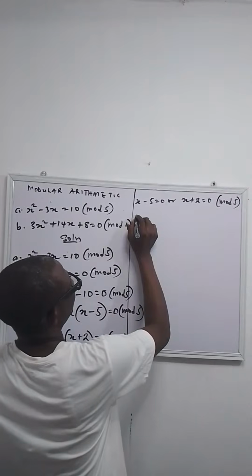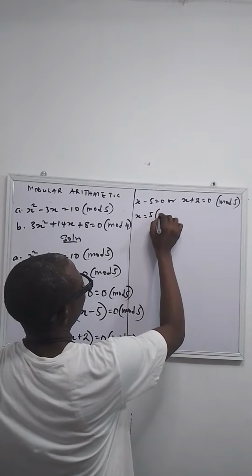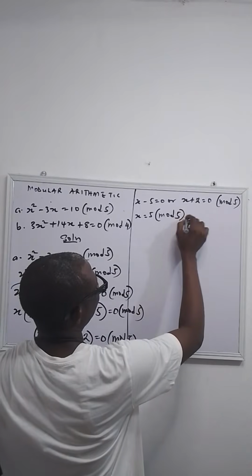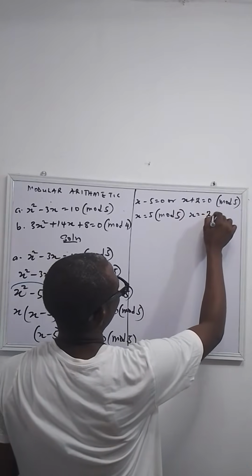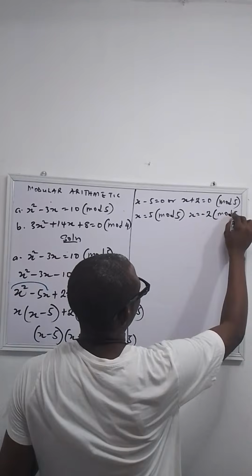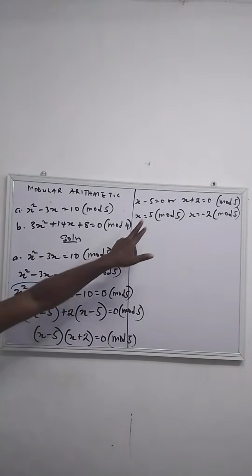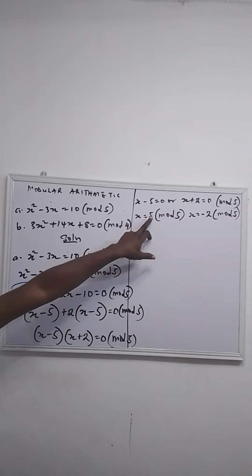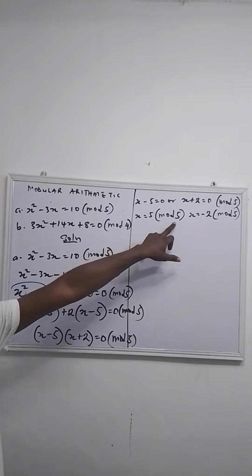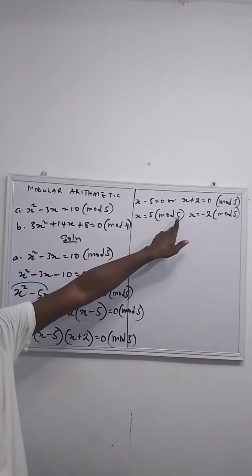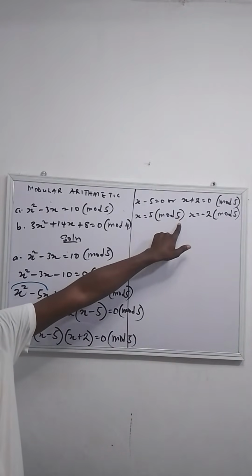So x equals 5 mod 5, and x equals -2 mod 5. All right. So now look at this. You can't leave your answer this way because this number is the same thing as the modulo. So what do you need to do? You divide this number by the modulo, and the remainder is going to be your answer. That's going to be what?